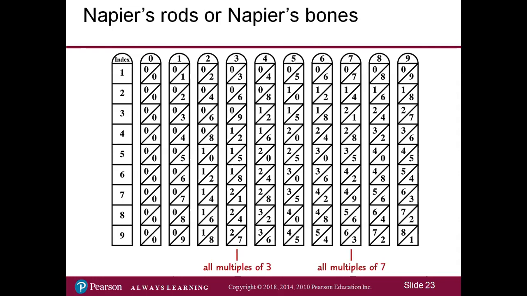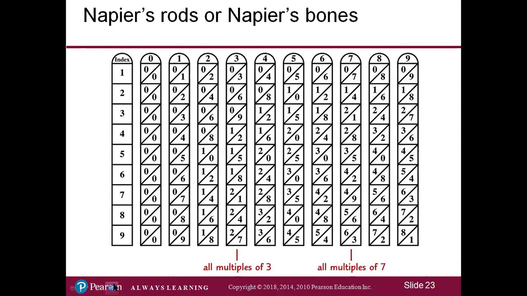So let's look at something like the 5, right? In the 5 bone, we've got 5, 10, 15, 20, 25, 30, 35, 40, 45, right? So all multiples of 5, what our slide tells us. And then we have an index bone, because if you read across the row, then again, you've got your multiples.